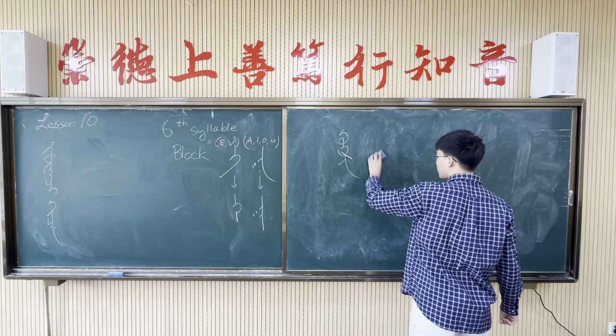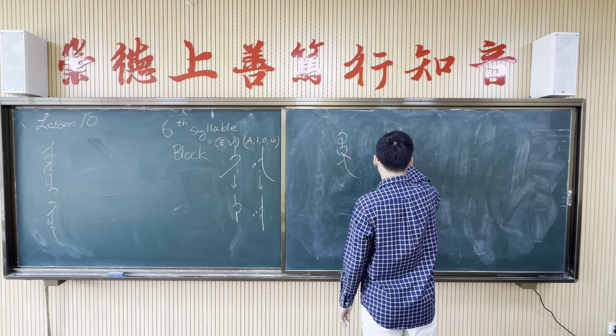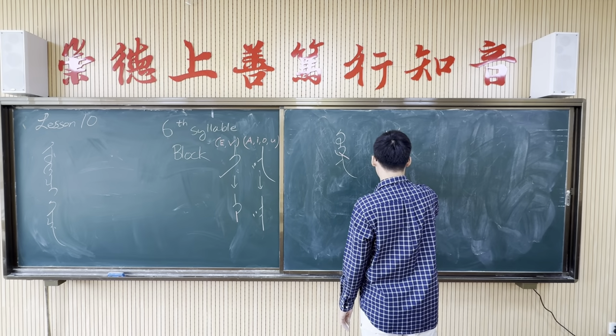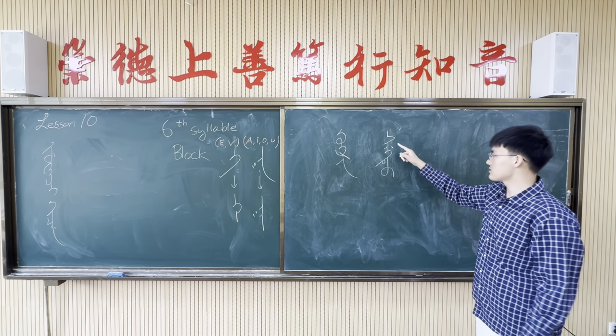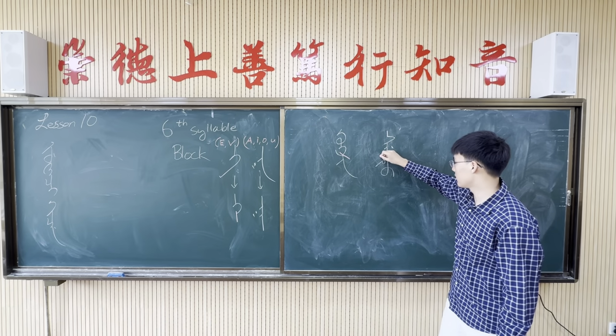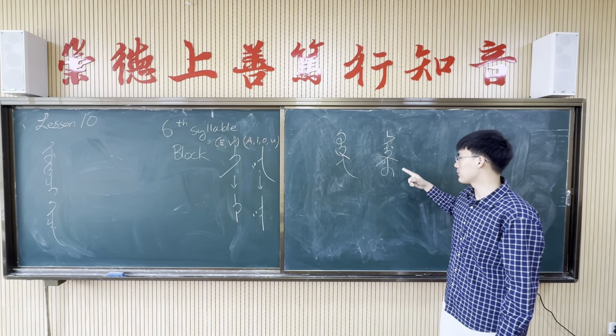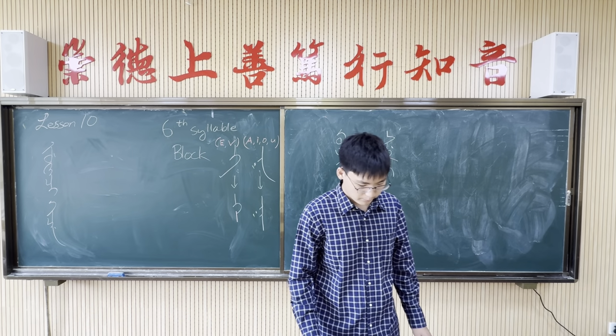It's a bit messy. Let's rewrite sektu. We can split this into 2 parts. Top is suk, bottom is tu. Sektu means smart, right?